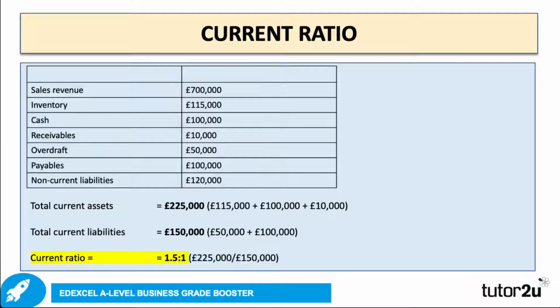So 0.4 to 1 for some businesses would be a catastrophe. It's not an issue for Tesco. So it depends, and compared to the industry average is really crucial. So at this stage, we're not really in a position because we haven't got the context of the business. Well done, everyone. Let's do one more.